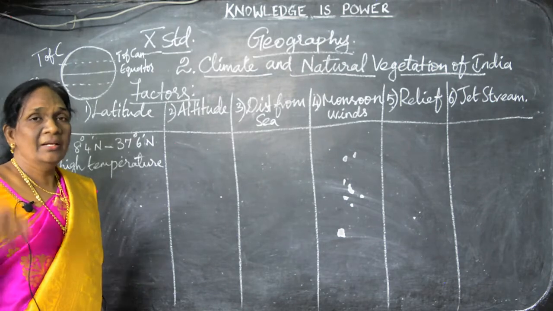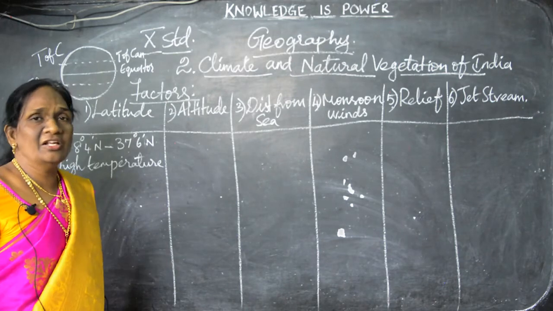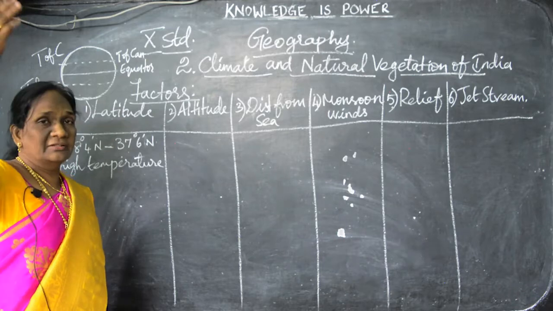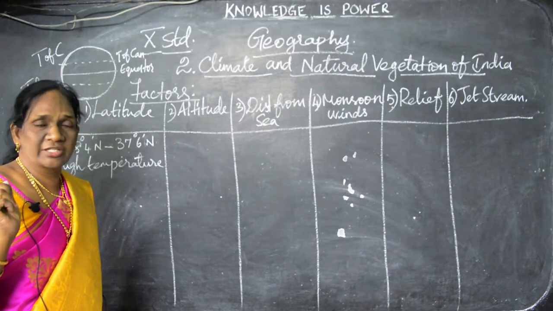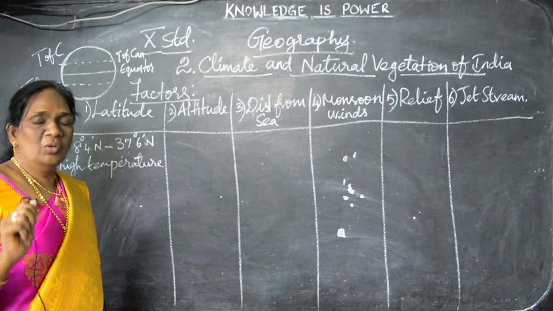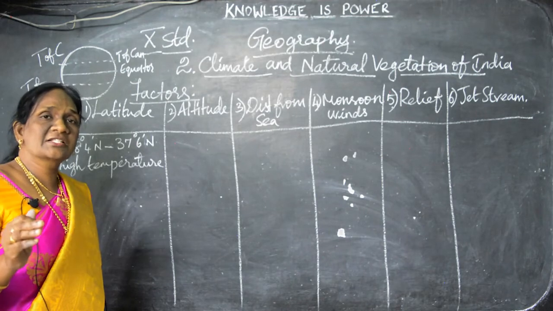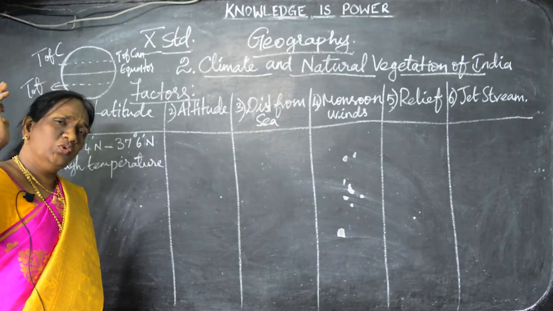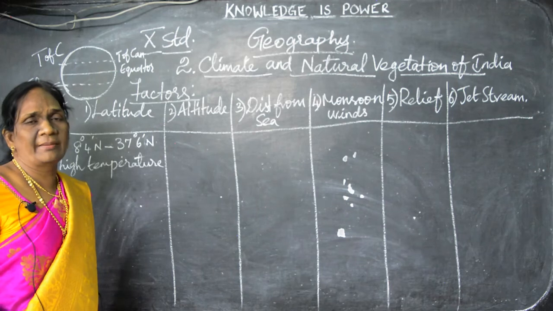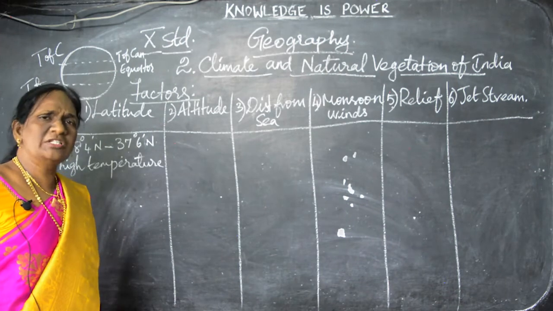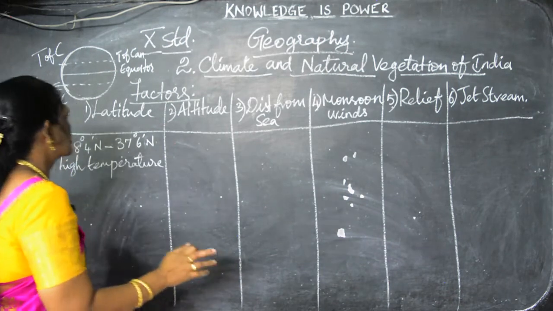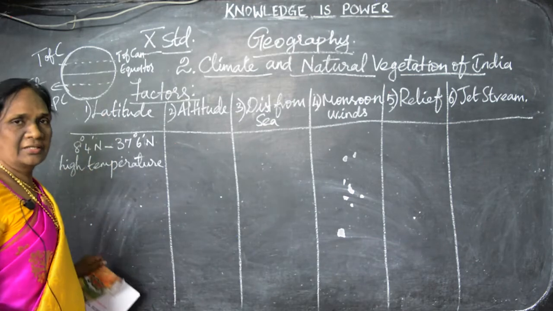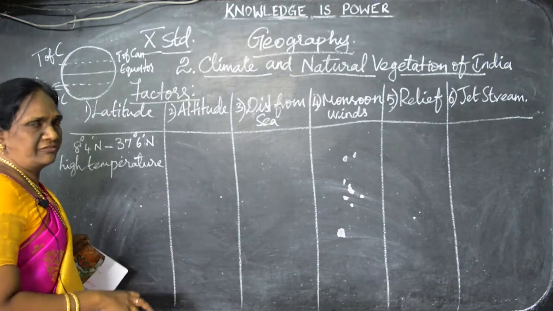We have the Bay of Bengal, Arabian Sea and Indian Ocean in the south. But in the north, we don't have any ocean or water body. So it is too hot during summer and too cold during winter, because of the latitude. Can you follow, children? This is one of the factors.